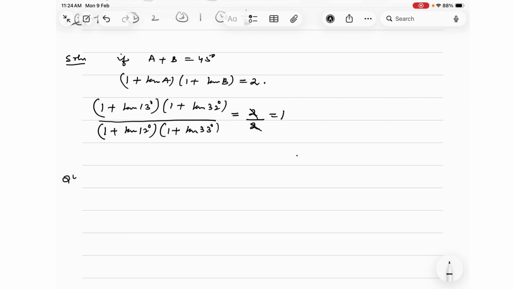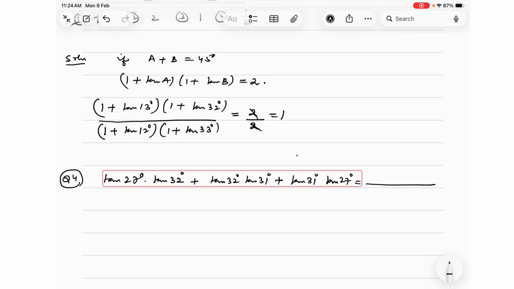Now let us come to the fourth important question. Find the value of tan 27 degrees into tan 32 degrees plus tan 32 degrees into tan 31 degrees plus tan 31 degrees into tan 27 degrees.